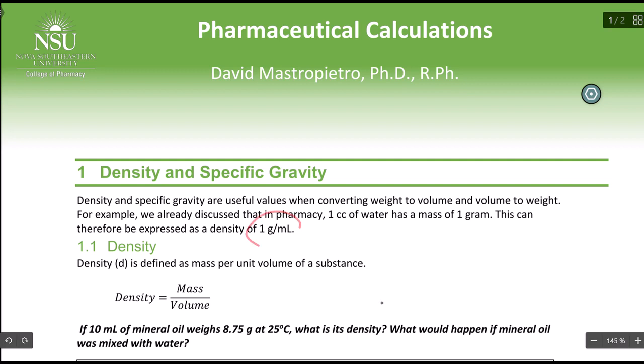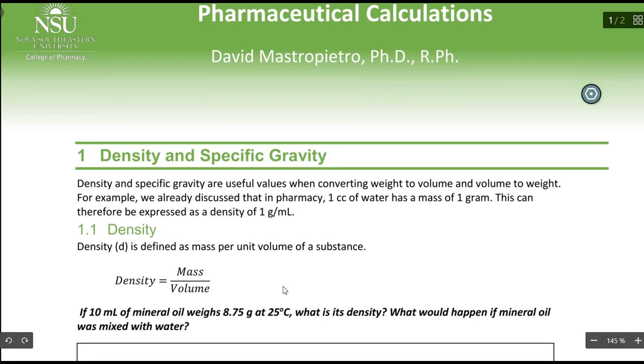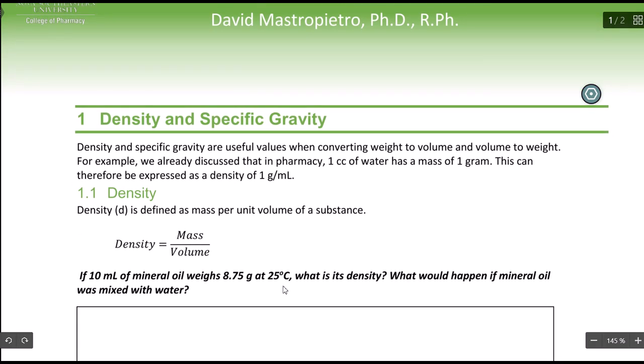So water has a 1 gram per ml density, meaning 1 gram of water will fill up a volume of 1 ml. So density is going to be a definition of mass per unit volume. So how much mass, which is 1 gram in our case for water, and the volume that it takes up is 1 ml. So density is mass per unit volume.